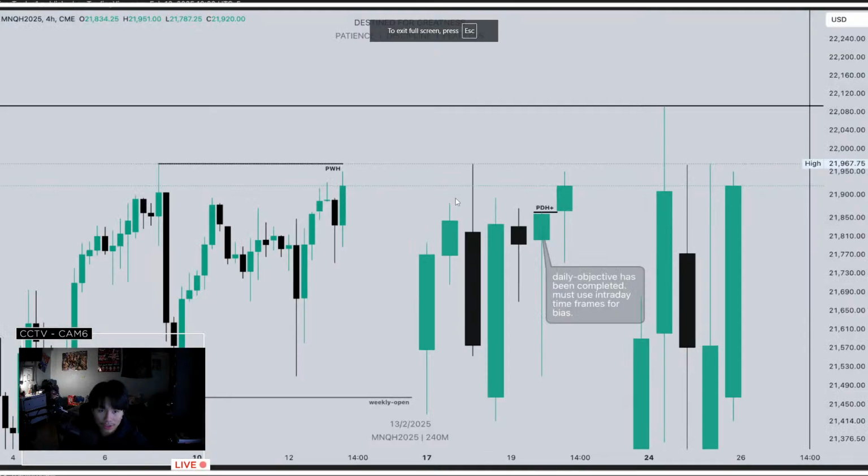So in this trade here, I base my trade off of how we closed here on this 4-hour candle. So the way that we close here on this 4-hour candle, I can anticipate for us to take out the 4-hour high, right? So the higher time frame objective for me is for us to take out this 4-hour high.